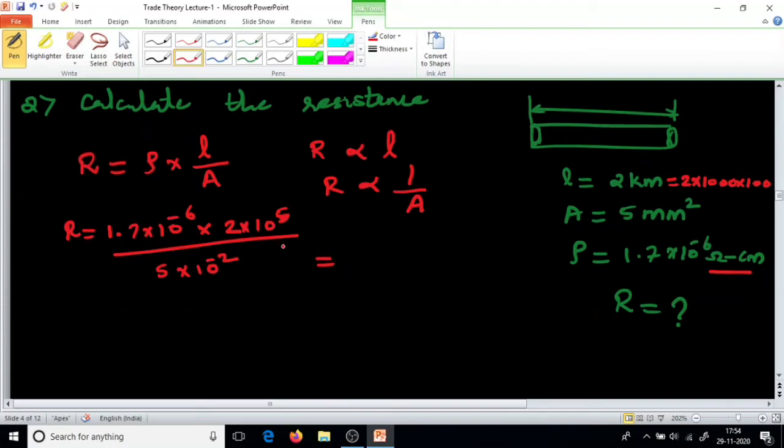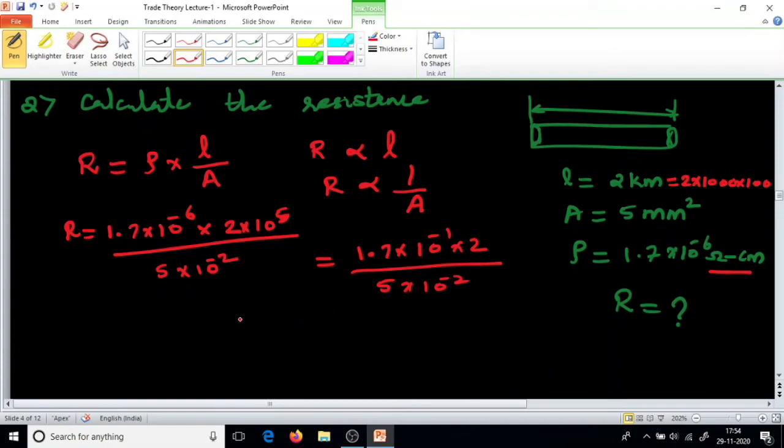Now we'll multiply. 10 to the power minus 6 into 10 to the power 5 will give 1 by 10. So we will be left with 1.7 multiplied by 10 to the power minus 1, multiplied by 2 upon 5 multiplied by 10 to the power minus 2.